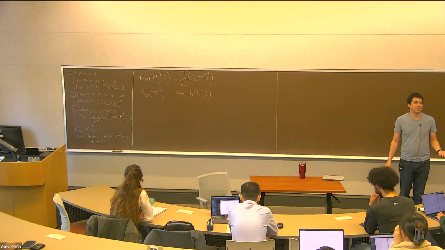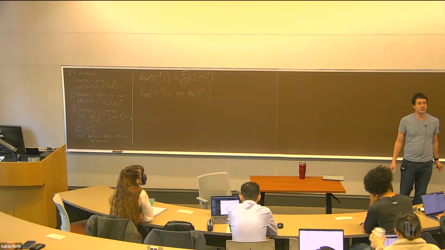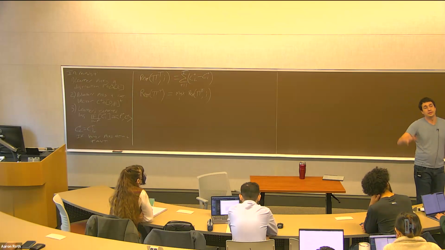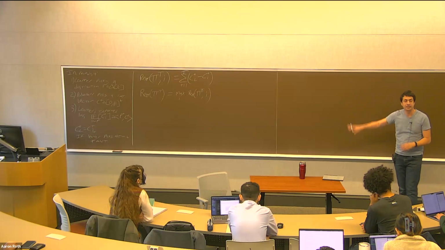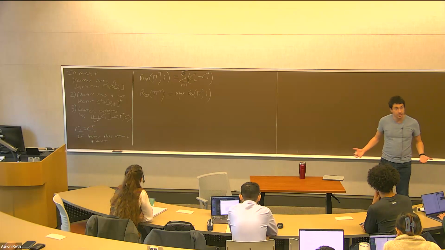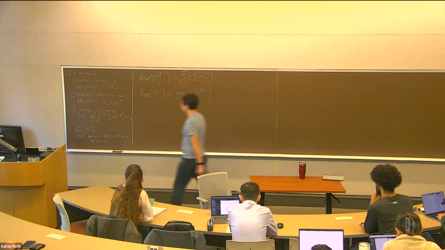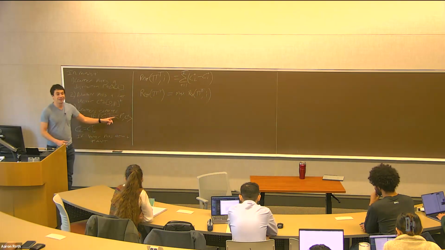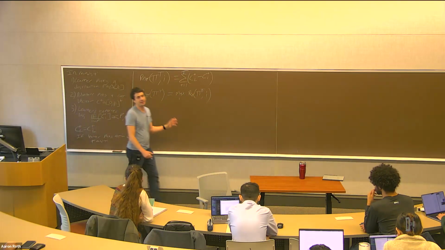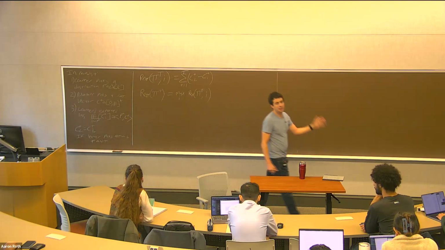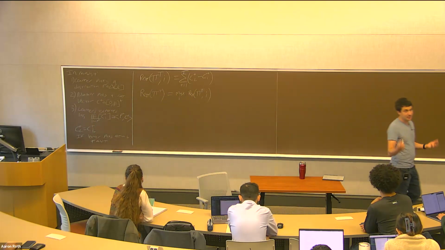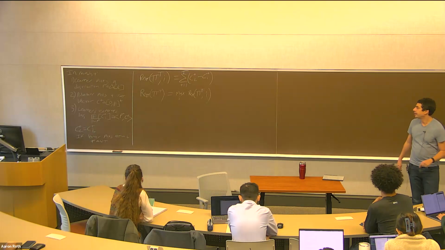You can apply min-max arguments very, very broadly. You have to make sure you can set things up so that the min-max theorem applies. It's important that we're predicting distributions so that the strategy space is convex. If I didn't allow you to predict distributions, the min-max theorem wouldn't hold.